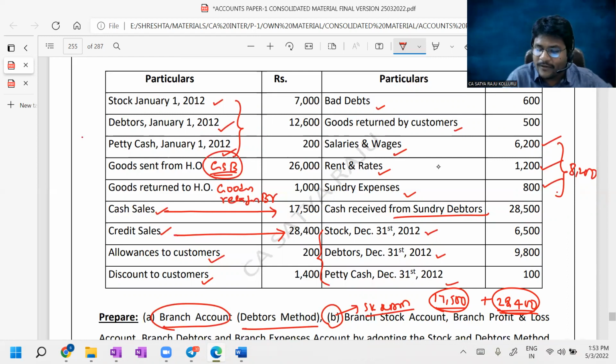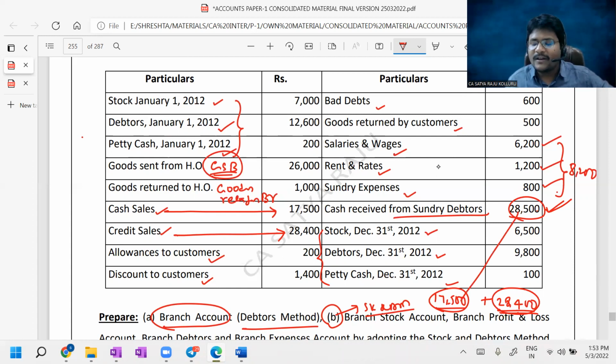That point is also given, which is 28,500 directly. If this point is not given, we would need to derive how much cash is collected from these debtors, because once the credit sales occurred, debtors automatically arise. Let us assume here directly given cash received from sundry debtors is 28,500. Therefore, the total cash availability with the branch before sending that amount to the head office is 17,500 plus 28,500, we can simply tell.